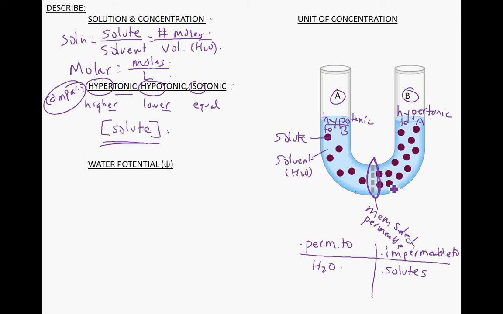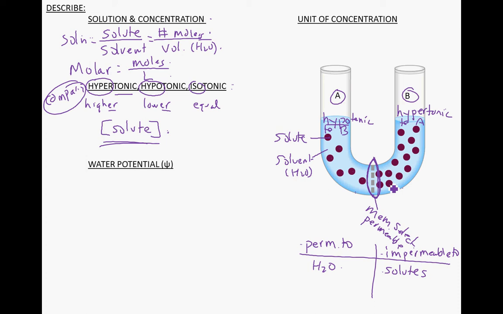If that membrane was permeable, then the solutes would move from B to A. But we predict that the water should move from A to B. So this is one way for us to know where the water is in higher concentration. The water is in higher concentration where the solutes are in lower concentration.